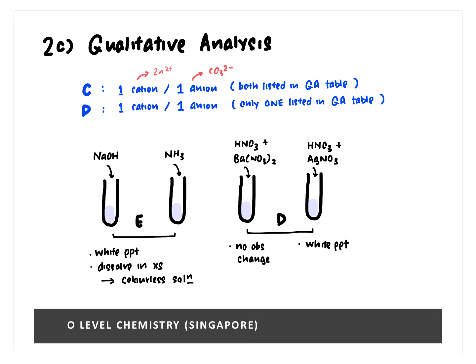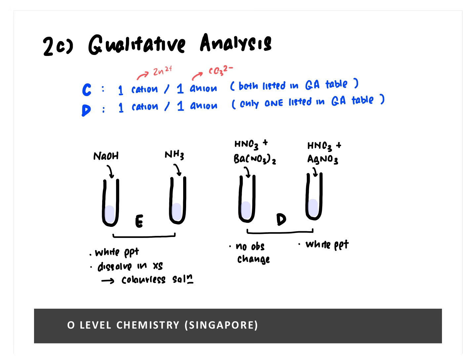Now, we are supposed to add nitric acid followed by barium nitrate, and then another test, nitric acid followed by silver nitrate. Again, these are the very basic tests that we learned in the test for anions. So you should have no observable change for barium nitrate, which means that sulfate is absent.